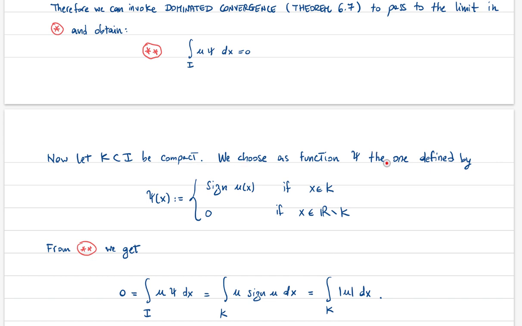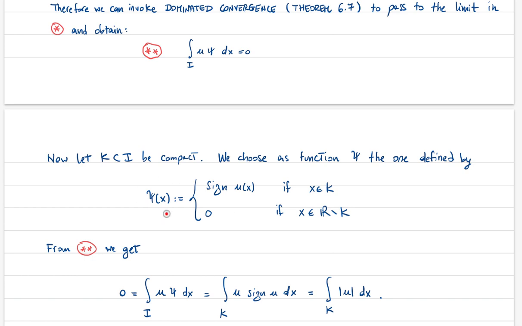We choose as function the following. psi of x is defined as the sign of u of x for x in k. So this means that psi is equal to 1 if u is positive, and psi is equal to -1 if u is negative. And this is in k, and instead we set psi to be 0 outside of k.